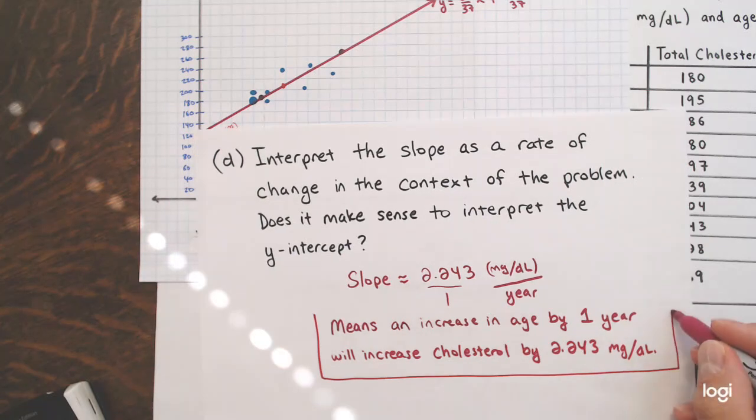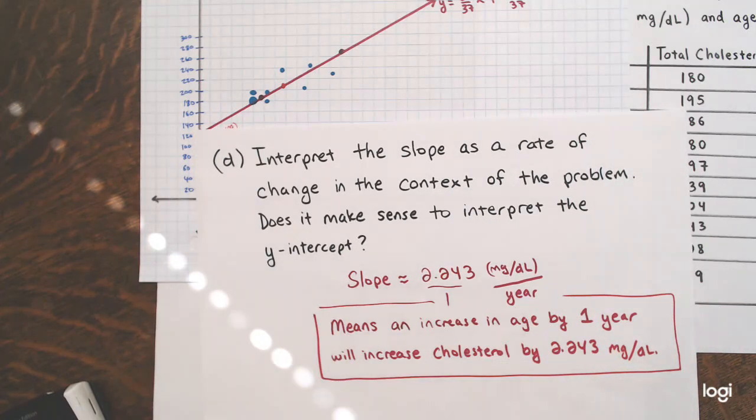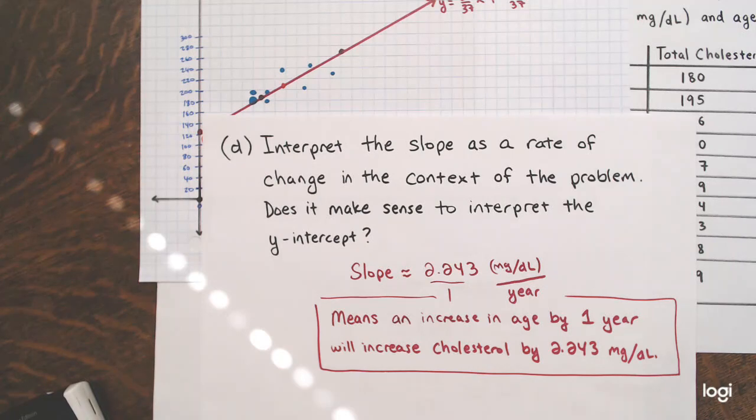Okay. That's what slope means. It's a rate of change. It tells you how much one variable is going to change if I change the other variable by so much.